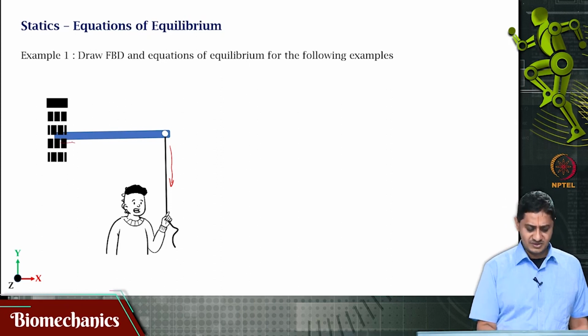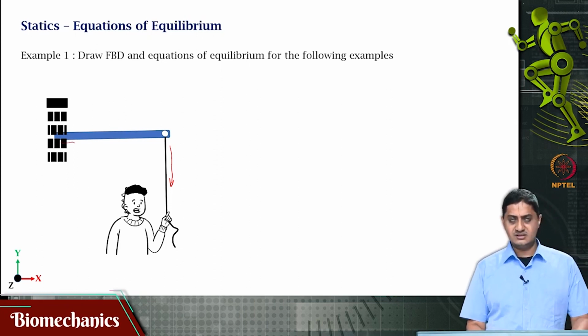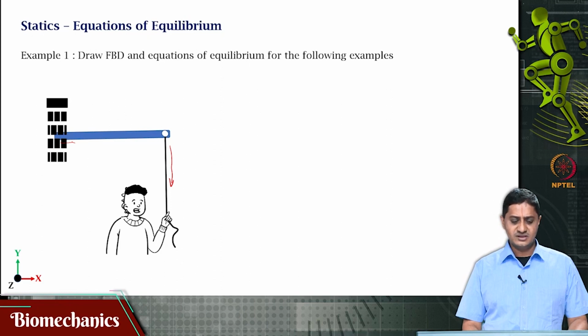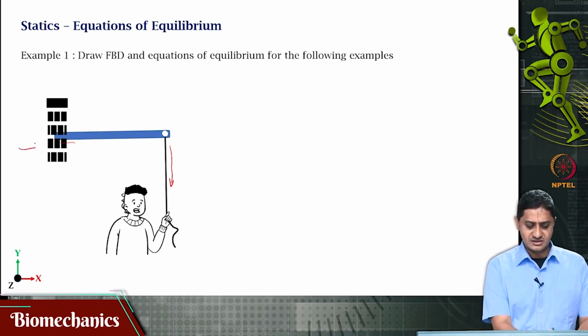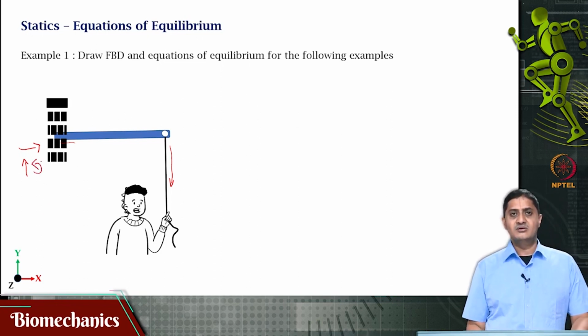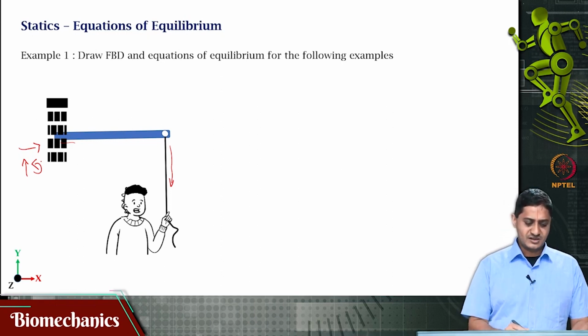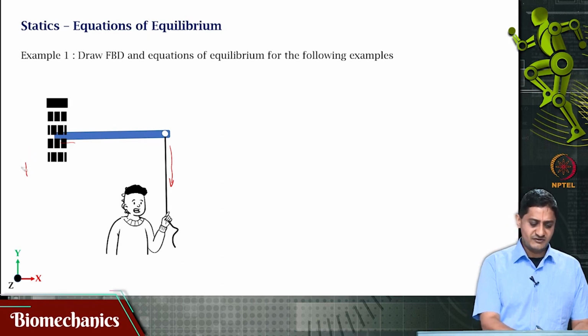This is a cantilever beam. It turns out that it has a specific free body diagram, because it cannot move in either this direction or that direction, nor can it rotate in the plane of the screen. Because of this reason, it will have 3 degrees of freedom, as in 3 equations of equilibrium, and so the corresponding free body diagram we will have to draw.